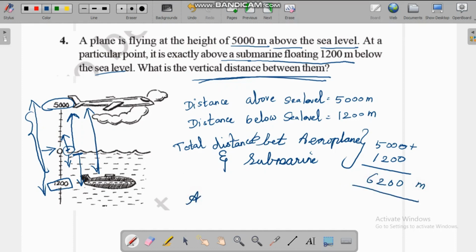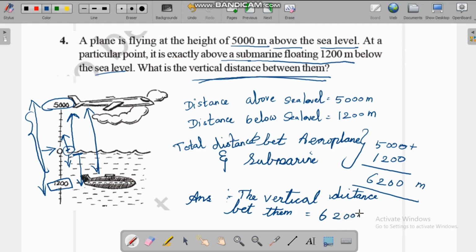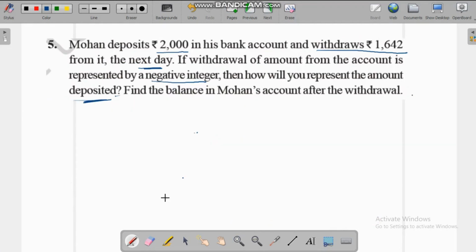So the answer here is, the vertical distance between them is 6,200 meters. Okay. So we are going to see the next question here.